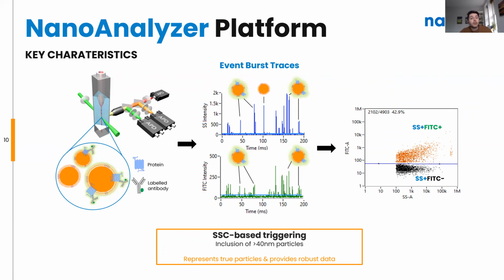This is called our side scatter based triggering, and this is what allows such robust data representing the true particles of interest, as well as giving a broad understanding of the other non-EV particles, which you might also be isolating in your methods.